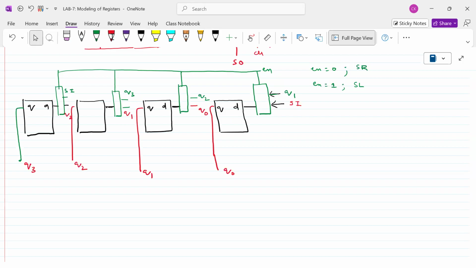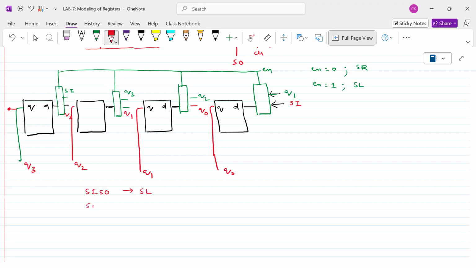There is a possibility that you can take the output at a single place or you can take it at multiple places also. If you take the output here, for example, then it is simply serial in, serial out, shift left operation.